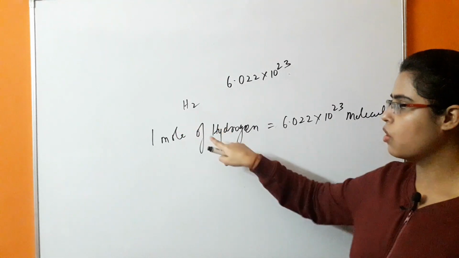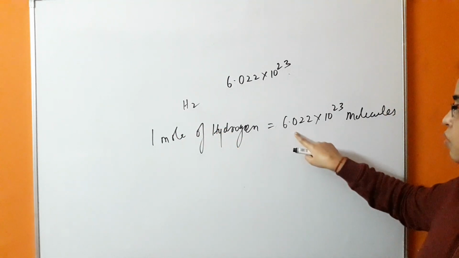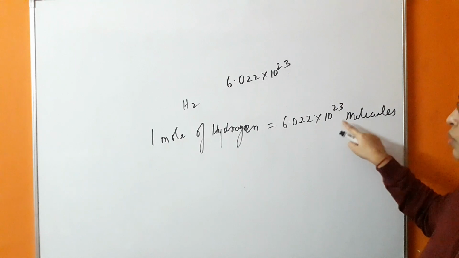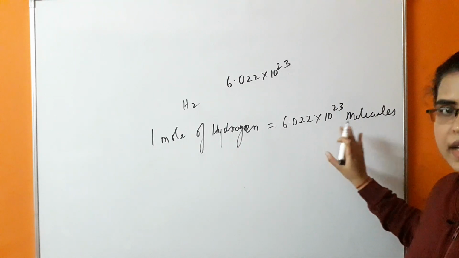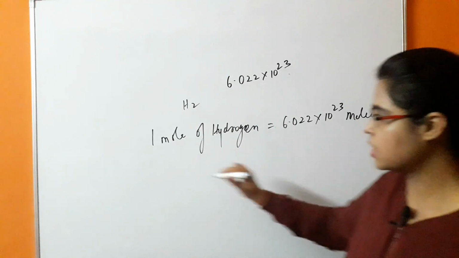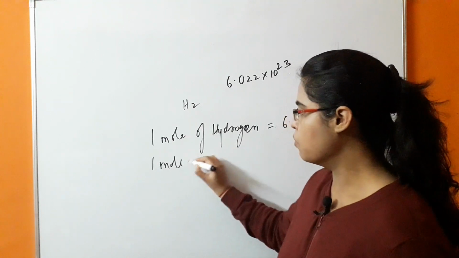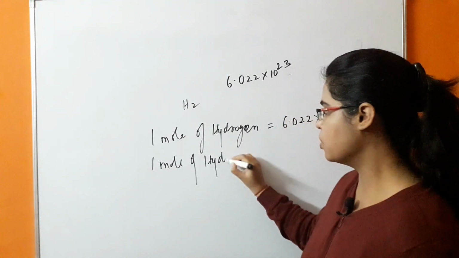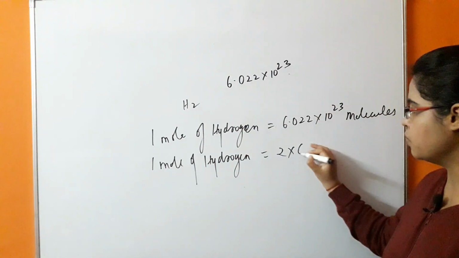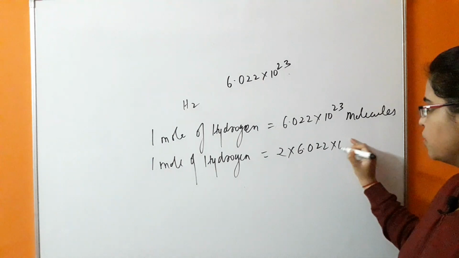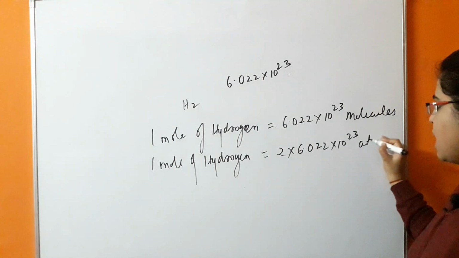But if we are calculating atoms, 1 mole of hydrogen is equal to 2 into 6.022 into 10 to the power 23 atoms.